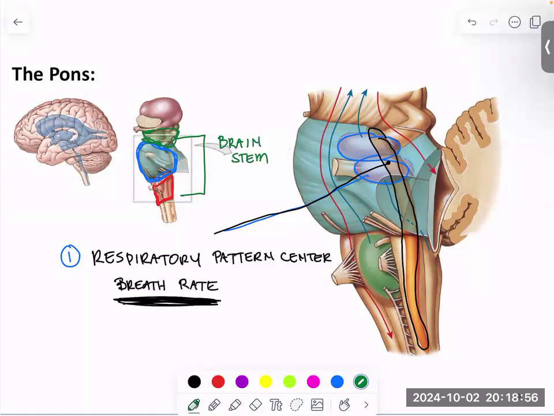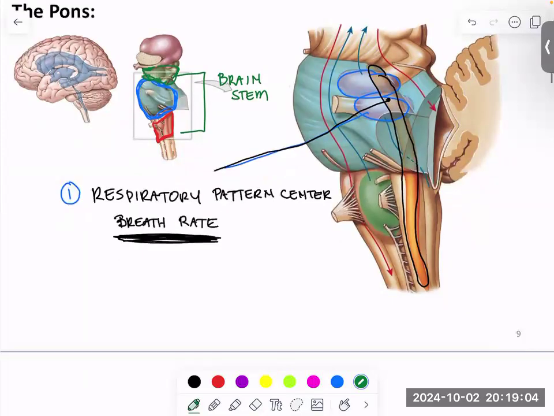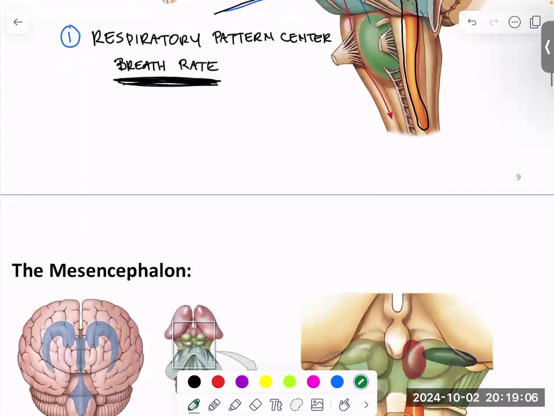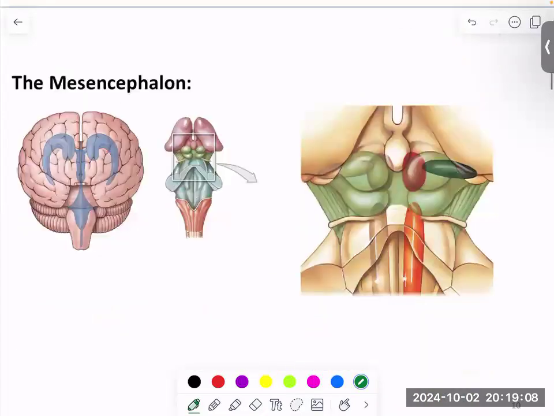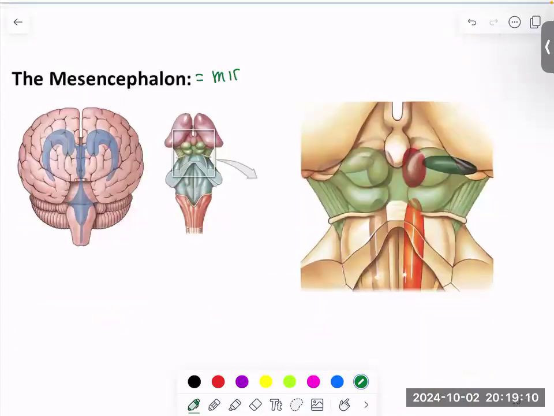Medulla oblongata is one of them. Pons is the second part. And the midbrain is the next part. The midbrain includes the mesencephalon. So we're going to consider them very similar structures. They're pretty much the same thing. Mesencephalon means the middle of the brain, midbrain.